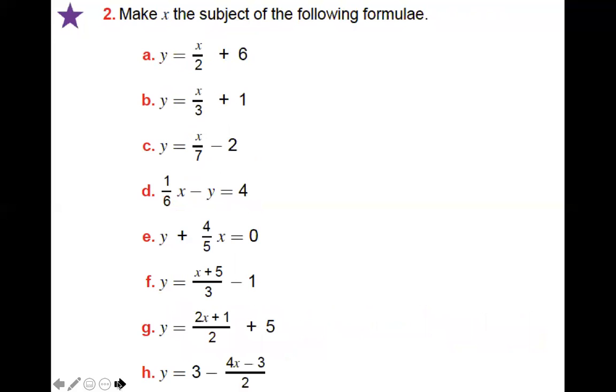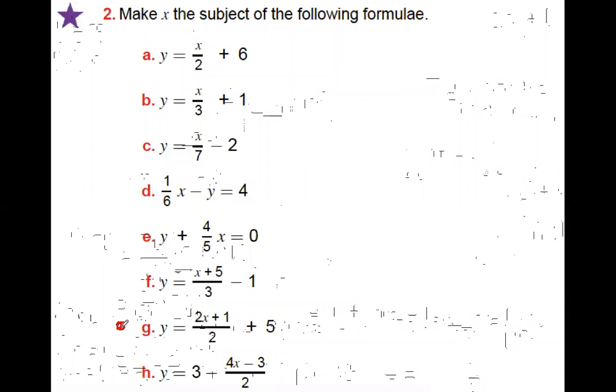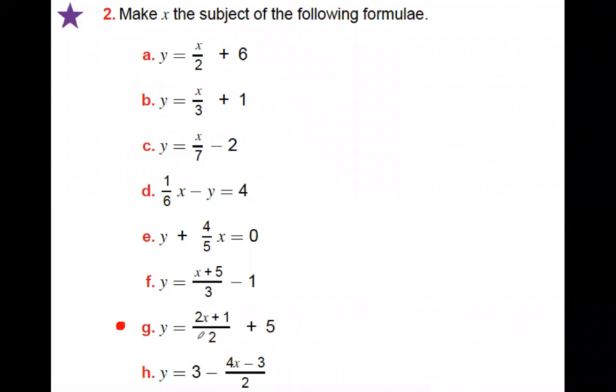Now, remember we looked at fractions with divisions and stuff, and you were going like, whoa. Unfortunately, when you make X the subject, these are very common questions. So we're going to try G this time. How are we going to solve this?